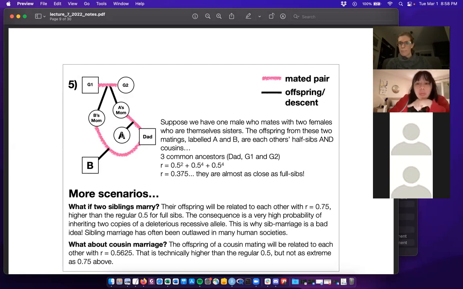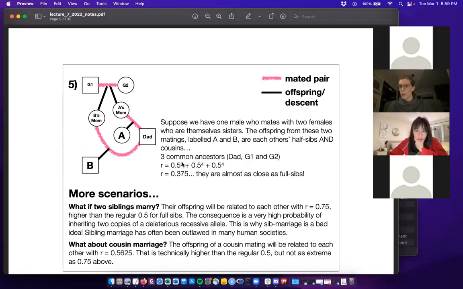So the thicker black lines pretty much? Yeah, exactly. The pink lines are just showing the matings. It's the thick black lines that show whenever there's meiosis and descent. So the thick black lines are what gets used to calculate these exponents.